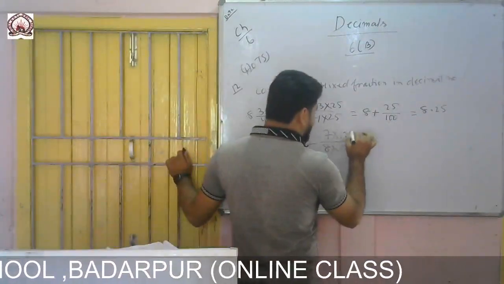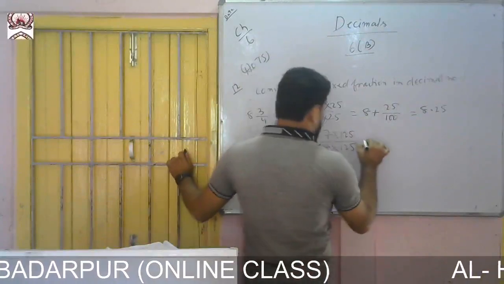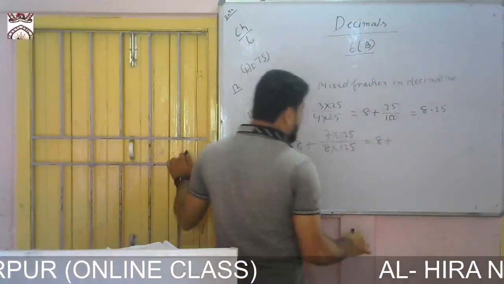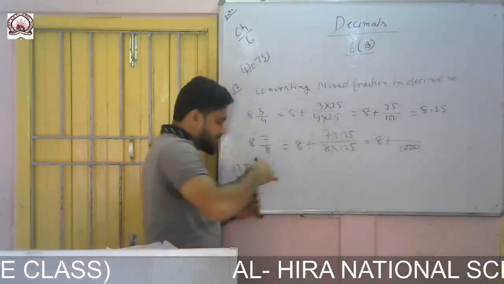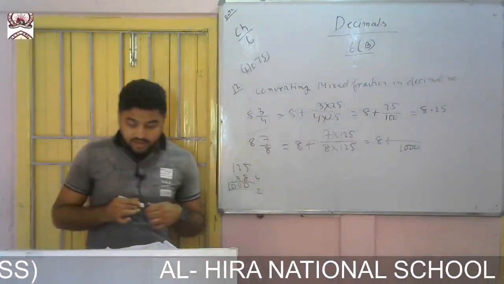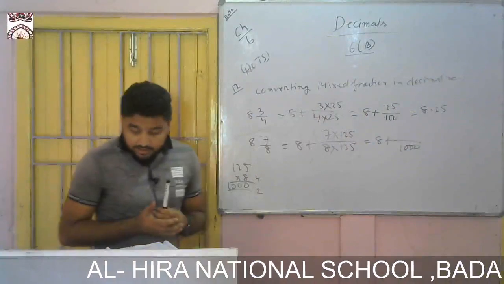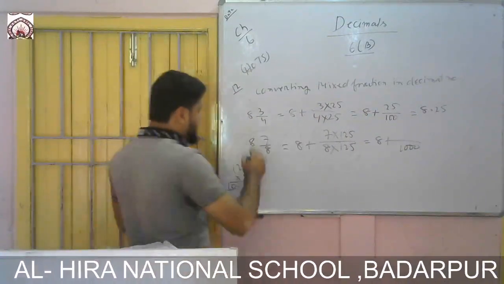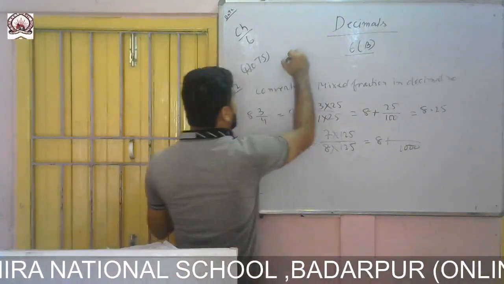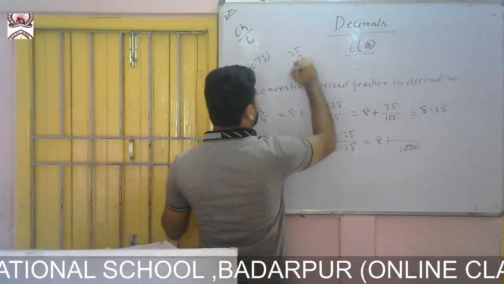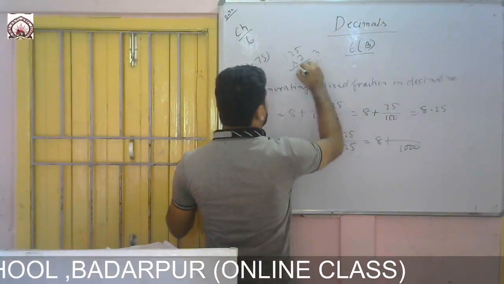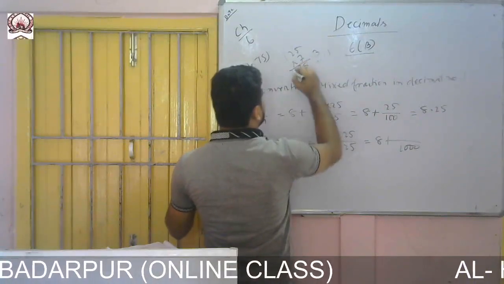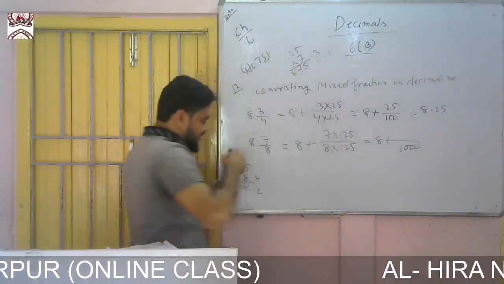I have multiplied by 125, so I need to multiply here by 125 as well. The denominator will become 1000, and 7 into 125 is 875.